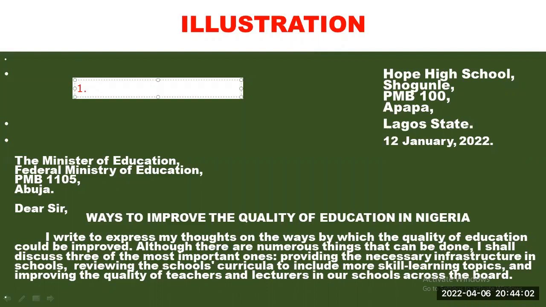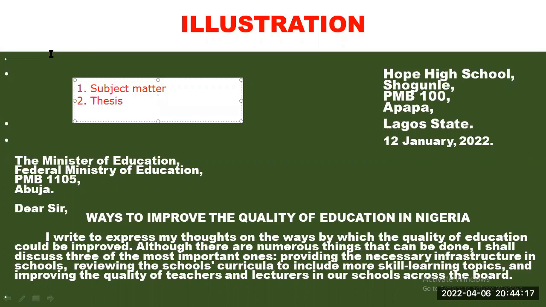Number 1 is the subject matter. Number 2 is the thesis. Number 3 is the enumeration, which is optional.